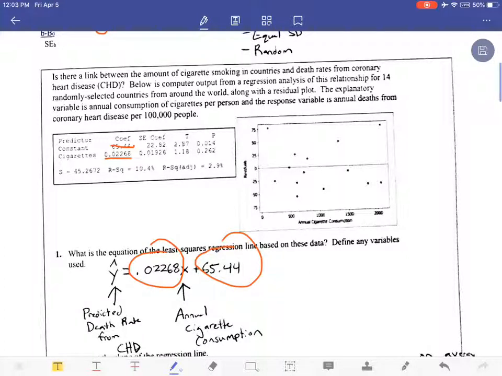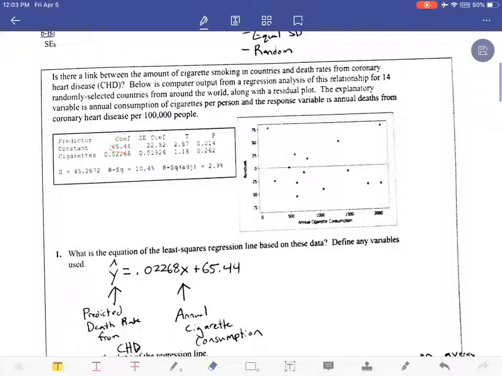So that's where you get those two different numbers from. A way you can think about that is the y-intercept is a constant, so the number across from constant is going to be your y-intercept, and then the other number beneath it is going to be the slope. So you just write out our equation just like I did right here.